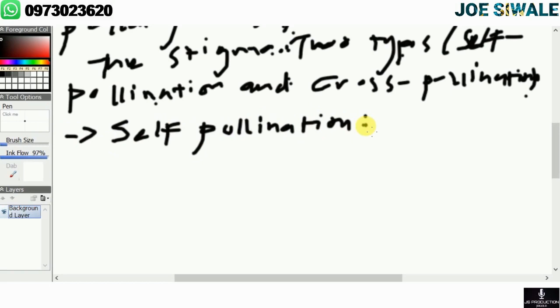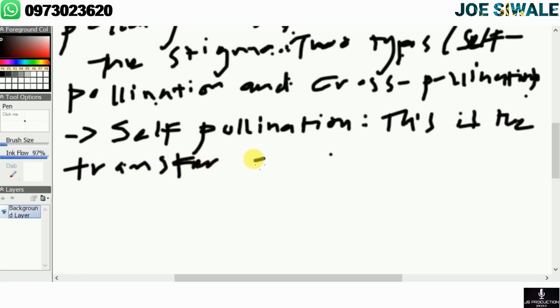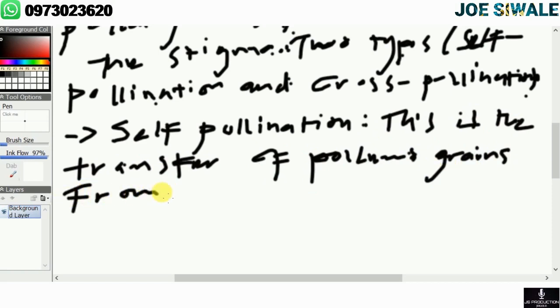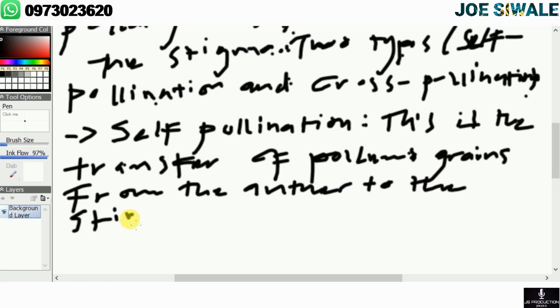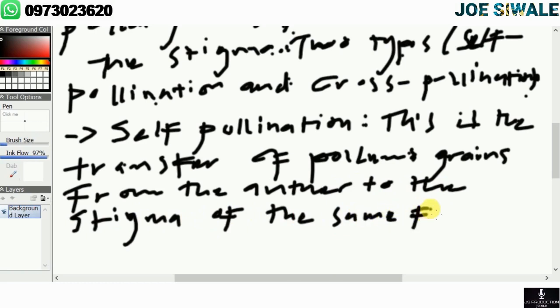So self-pollination is the transfer of pollen grains from the anther to the stigma of the same flower.